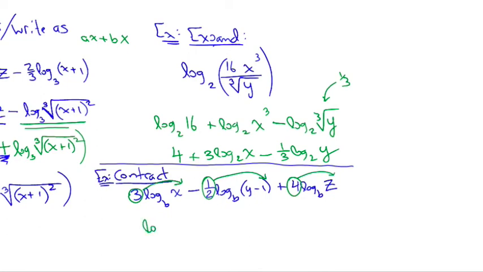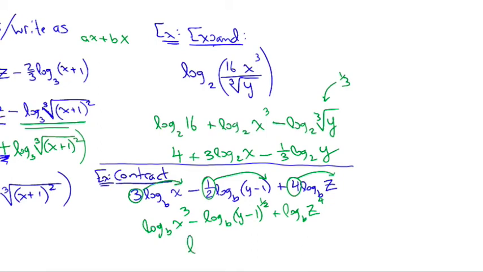So you get log base b of x cubed minus log base b of y minus 1 to the 1/2, better yet the square root of that. We'll change it later. Plus log base b of z to the 4th. Now, positive things stay in the top, negative things go to the bottom.